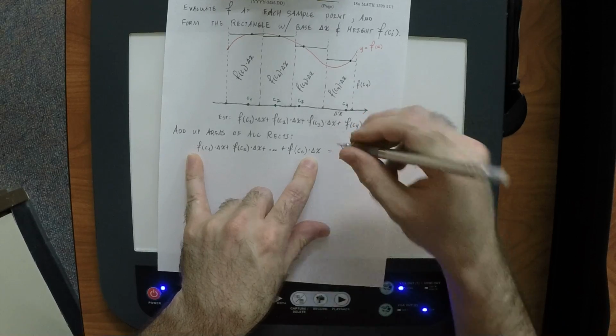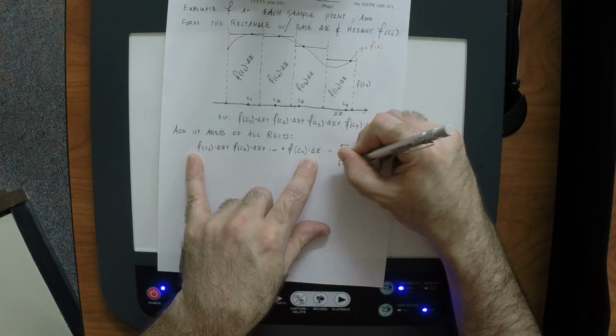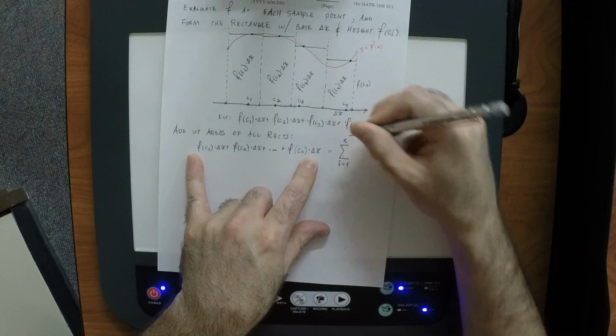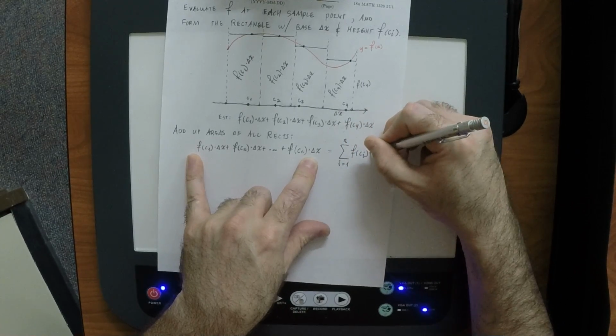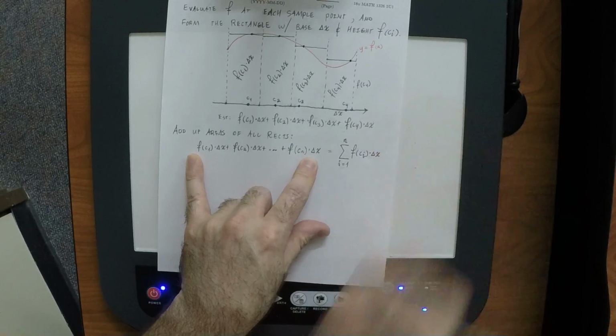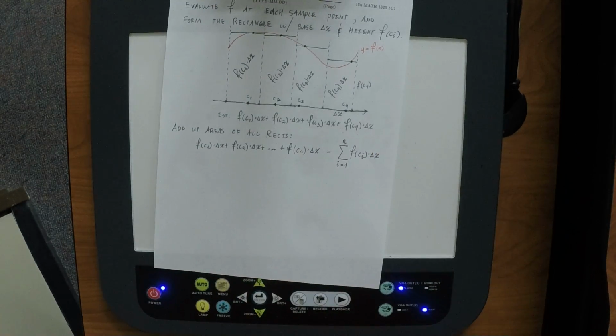So the sum from i equal 1 to n of f of c i delta x. Okay, so this is an estimate for that area using n rectangles.